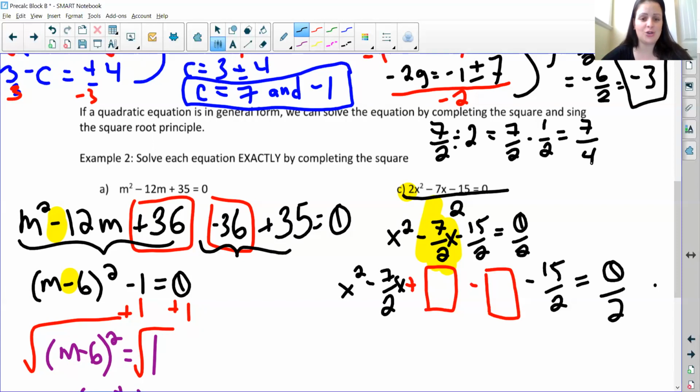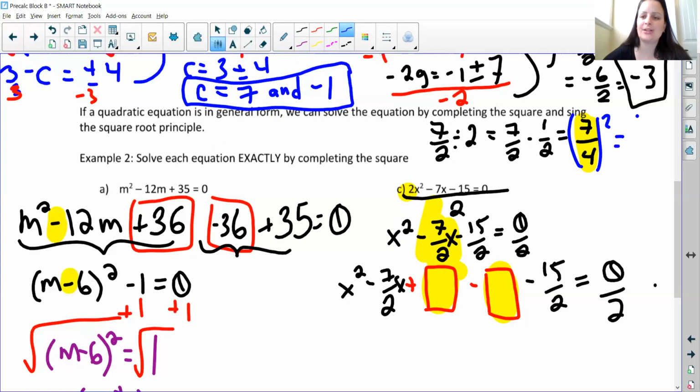And if you're paying attention, you notice all I ended up doing was multiplying the denominator by 2, right? Now I have to square this number. So 7 over 4, to get what the number in the two boxes will be, I need to square this number. When you square a fraction, you're squaring the top and the bottom.